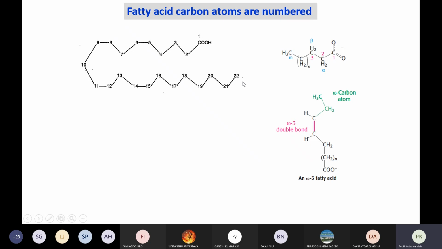Another way of numbering starts from the carbon that is far away from the carboxyl group, which is known as the omega carbon, because in Greek omega is the last letter. Usually, when we represent a fatty acid structure or the position of the double bonds, we number from the carboxyl group, giving it the number 1, and so on.